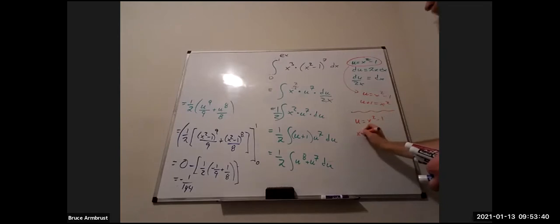So if I let x equal 1, I get u equals 1 squared minus 1, which is 0. When x is equal to 0, I get u equals 0 squared minus 1, which is negative 1.